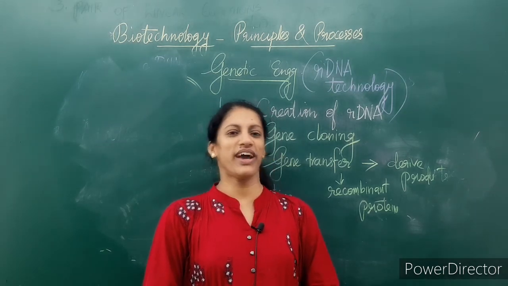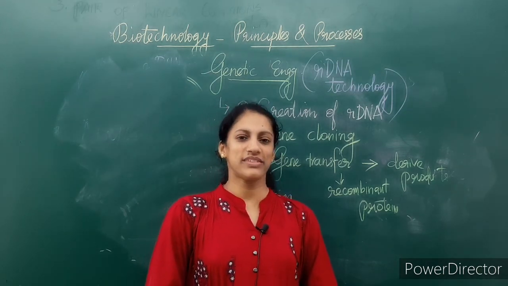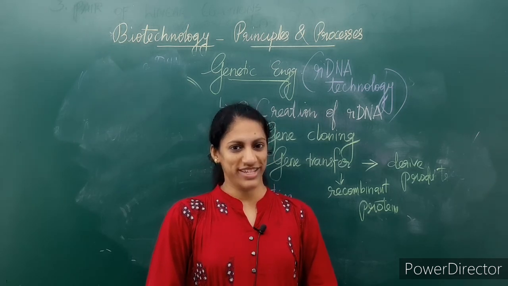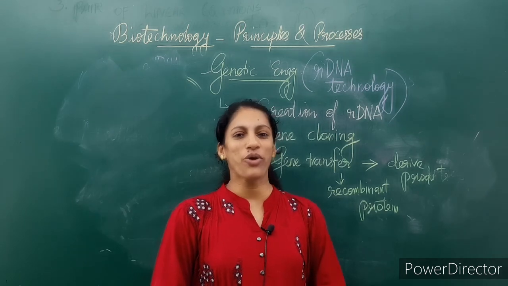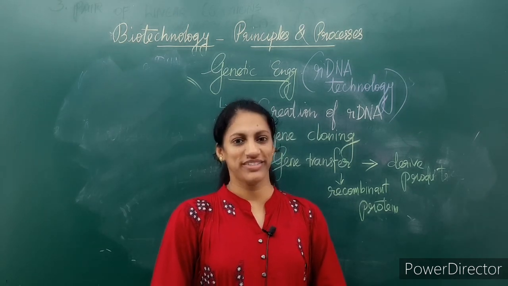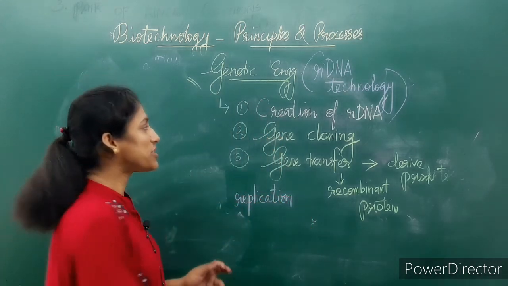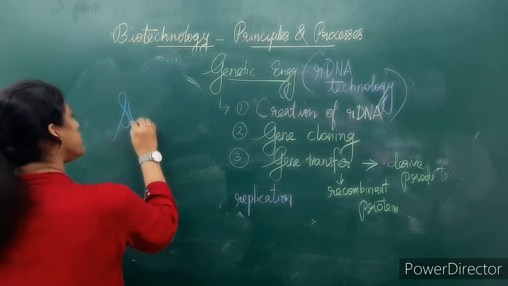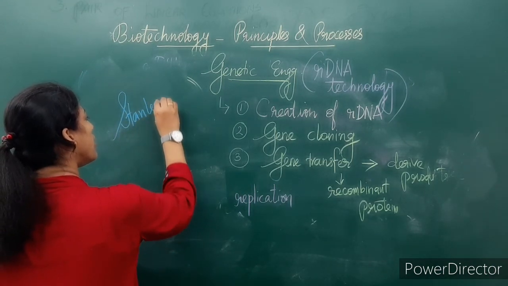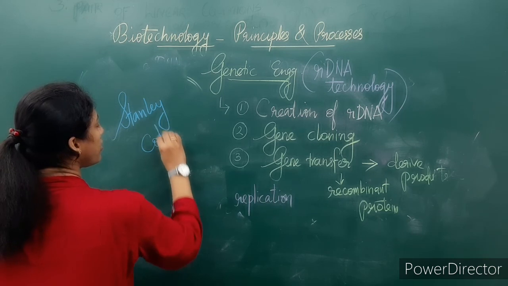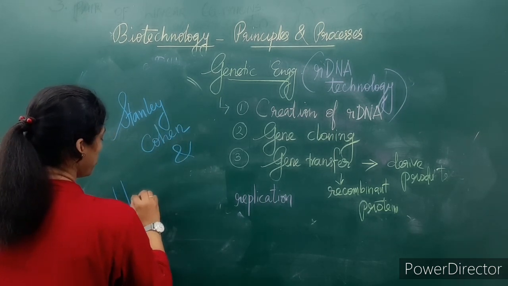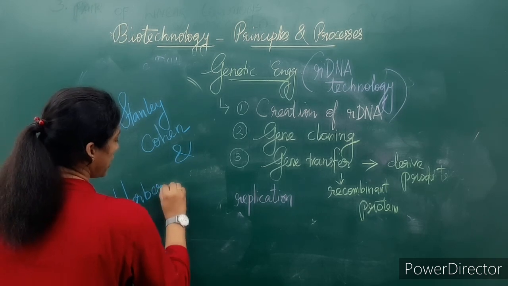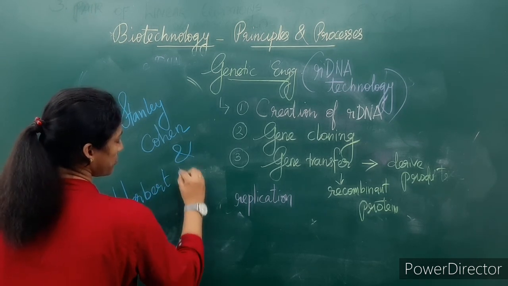Today I will give the scientists' names and in the next class we will discuss that. These scientists are Stanley Cohen and Herbert Boyer. So students, the first rDNA was developed by Stanley Cohen and Herbert Boyer in 1972.